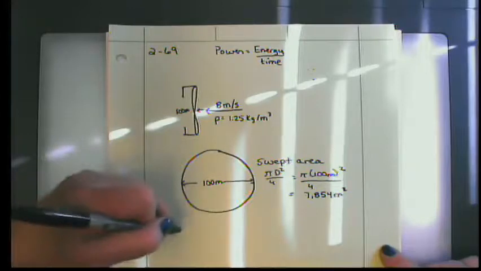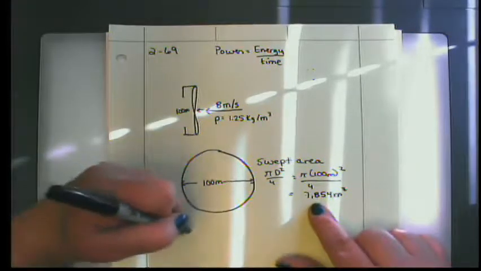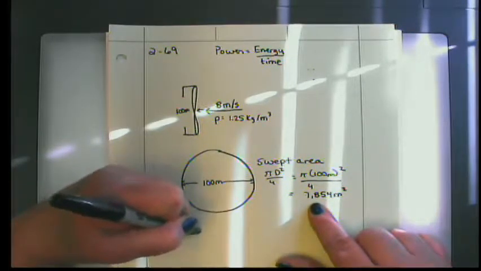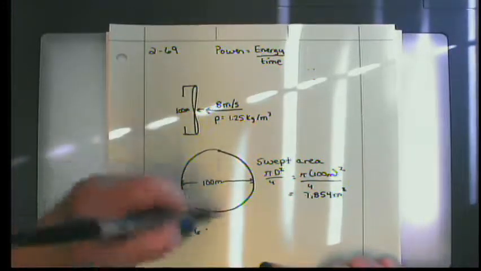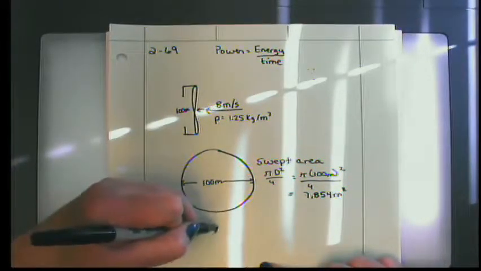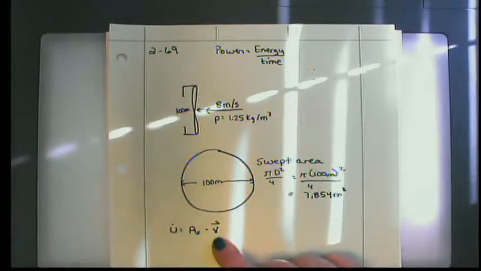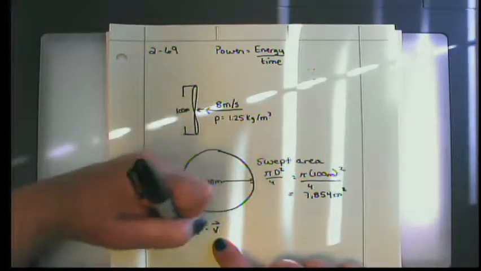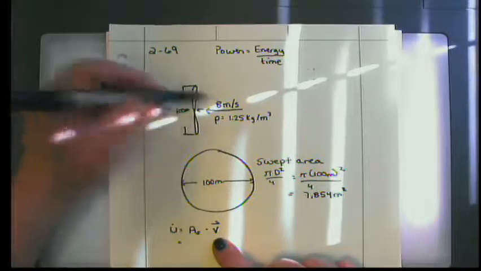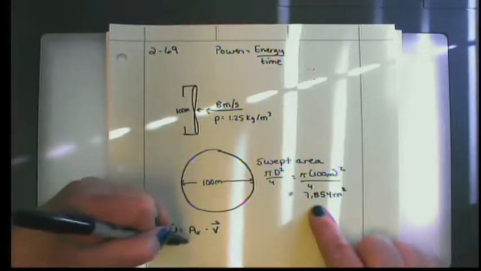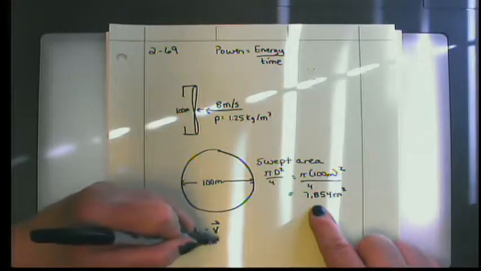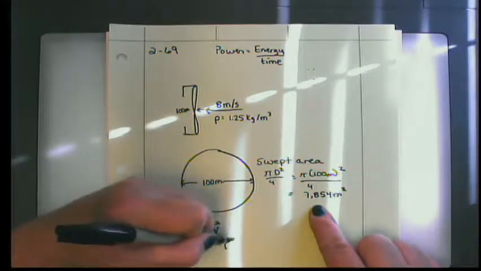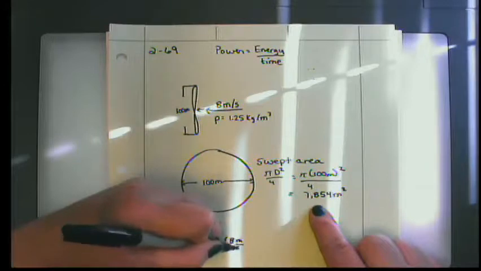So the volumetric flow rate is going to be the swept area of the blades times the velocity of the wind, or 7,854 square meters times 8 meters per second.